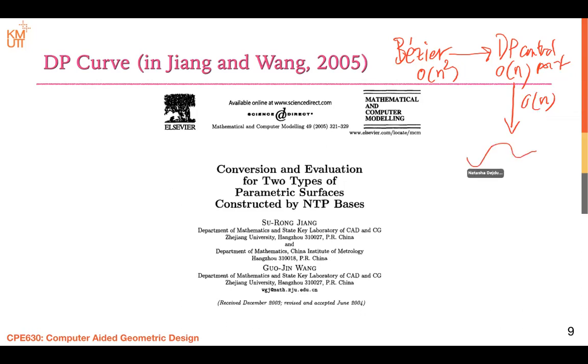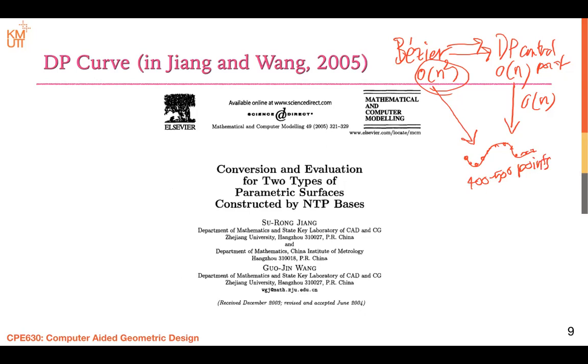So we want to print the Bezier curve. Instead of using the de Casteljau algorithm, which has quadratic time computation, we use DP control points, converting just one time. And then in order to calculate the points along the same curve, if you want to get a smooth curve, you may have to calculate maybe 400 or 500 points.